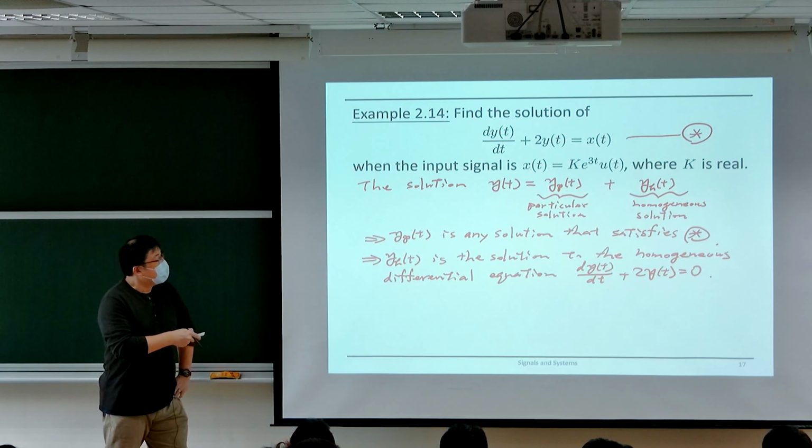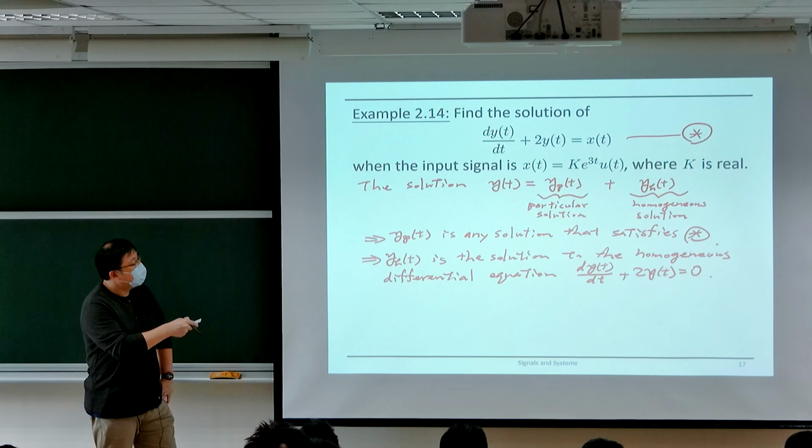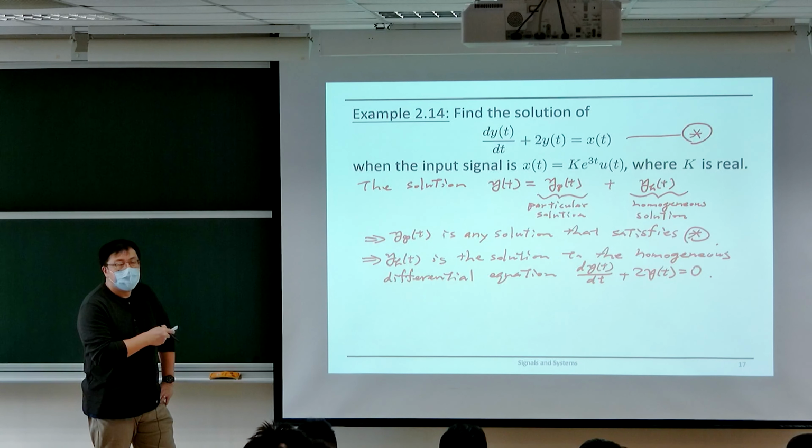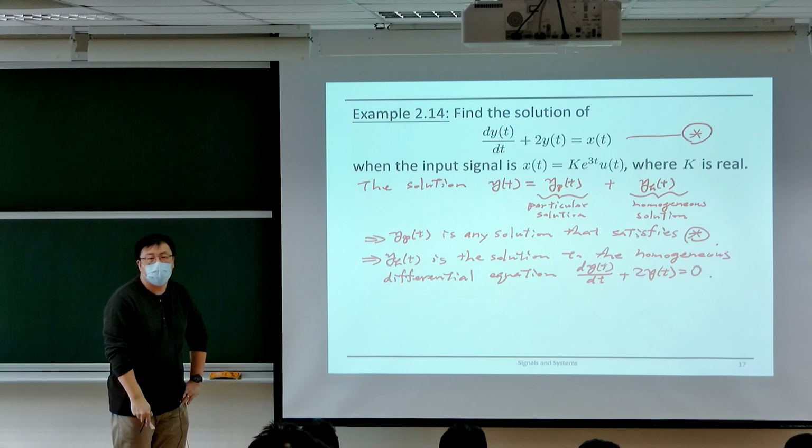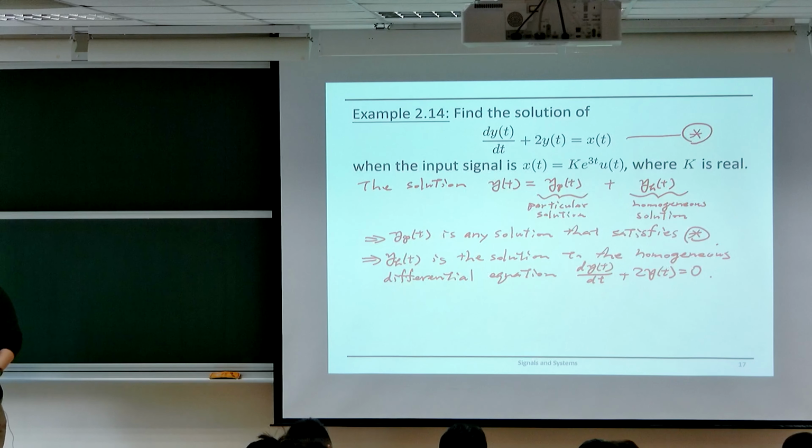A solution for an input that takes on this exponential form typically has a form that is also this exponential. So we can start by making this guess and trying to check if this is true.